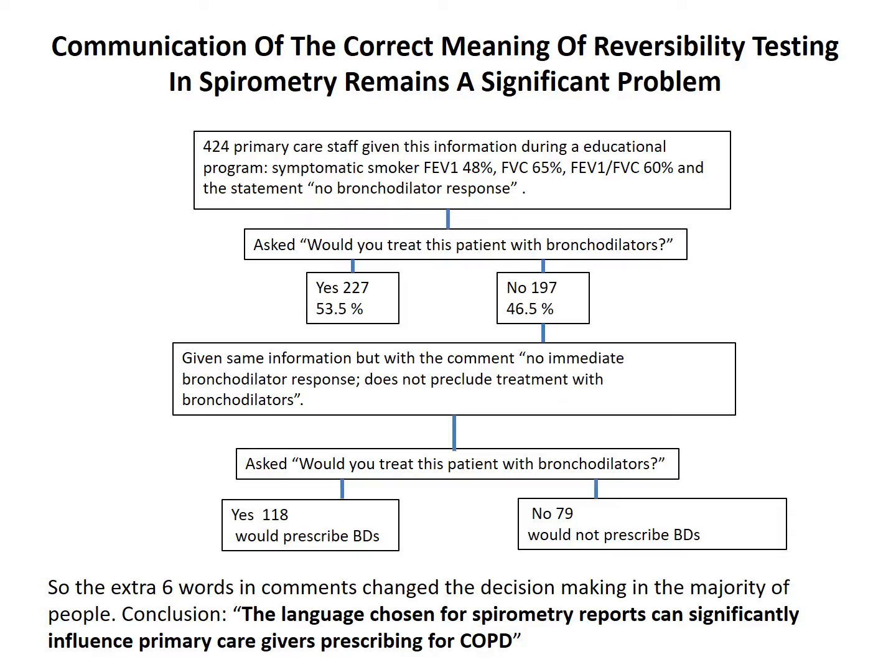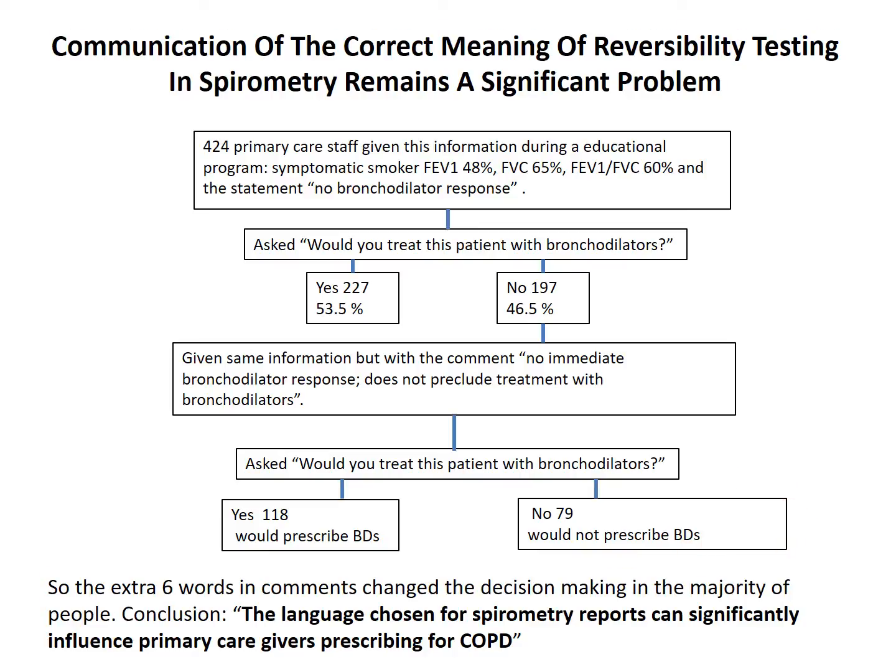They were then given the same information with the additional comment, no immediate bronchodilator response does not preclude treatment with bronchodilators. And they asked the same question, would you treat this patient with bronchodilators? And now a lot more said they would, and still a few would not prescribe bronchodilators.